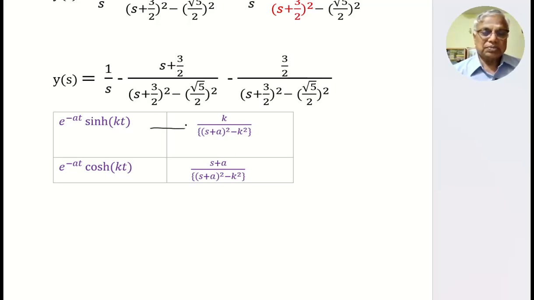So this is the Laplace transform of this, and this is the Laplace transform of this.